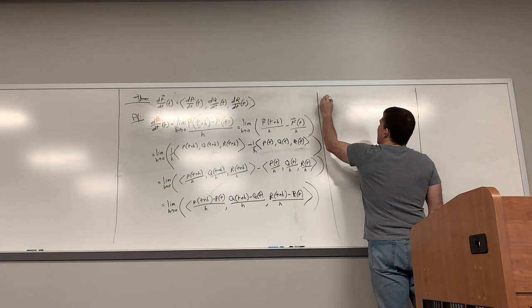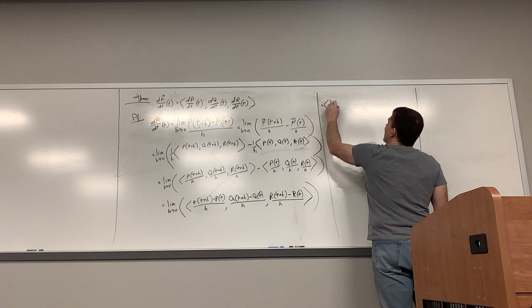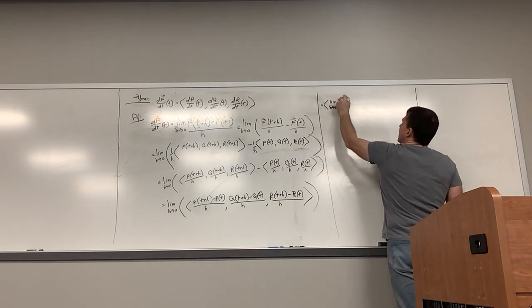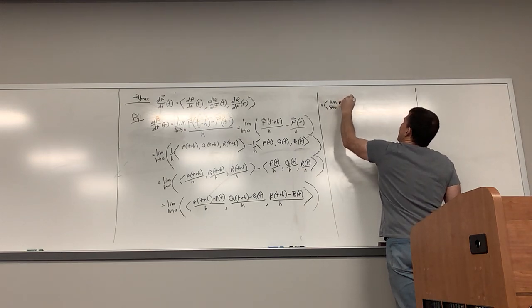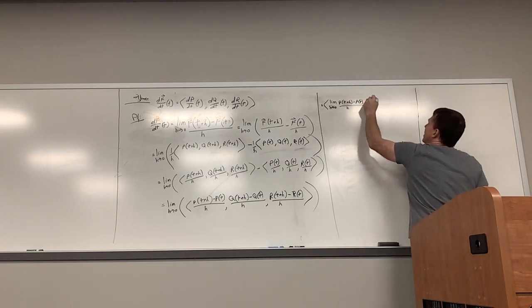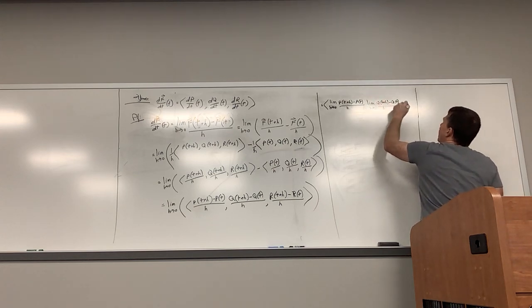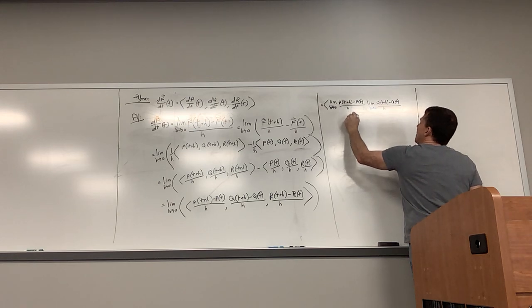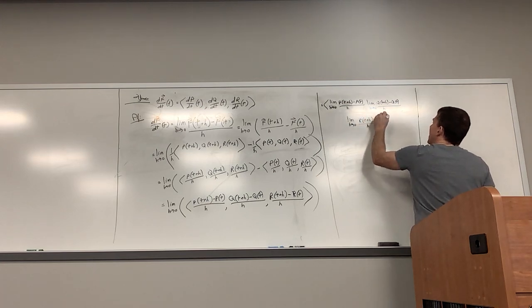But it means this becomes the limit as h approaches 0 of p of t plus h minus p of t over h, the limit as h approaches 0 of q of t plus h minus q of t over h, and the limit as h approaches 0 of r of t plus h minus r of t over h.